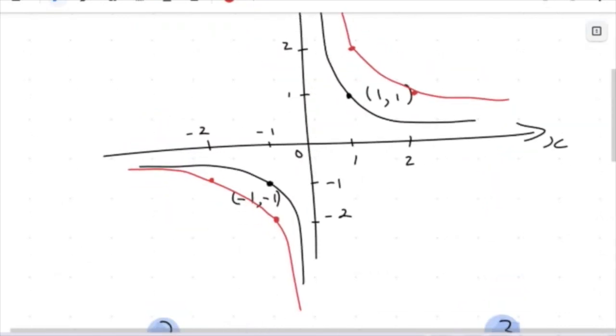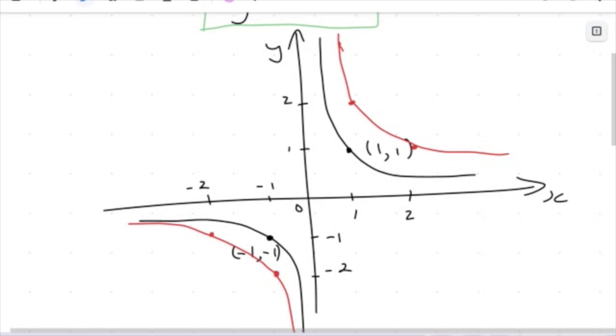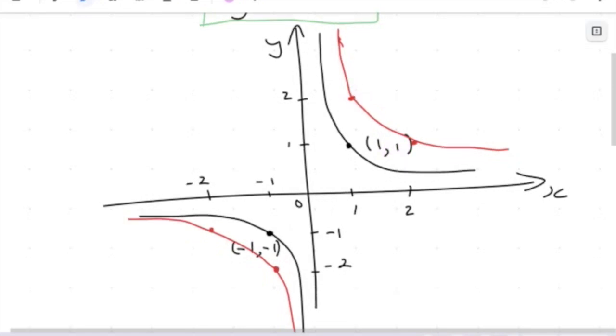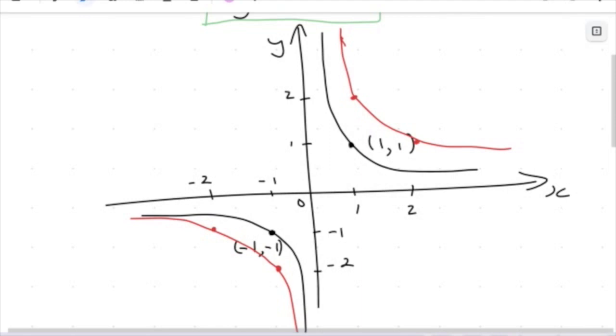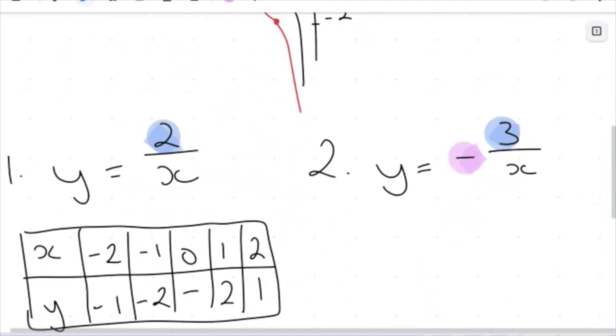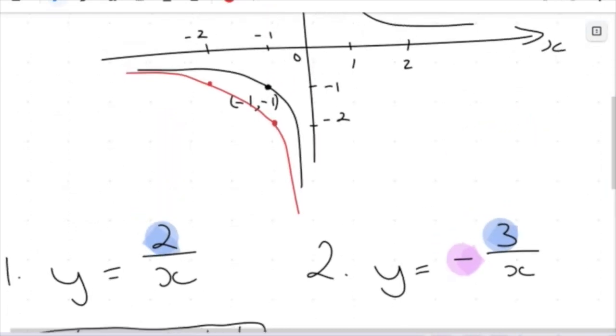So in my previous hyperbola, y equals 1 over x, the -1 in the y ended up being -2. So that's why this point is shifted 1 unit down in the y direction. Same thing here. My 1 here gets shifted up to 2 in the y. So we're effectively scaling and stretching out this hyperbola a little bit. And that's the effect of this number here. We're going to explore that even further when we scale up by an even bigger number of 3. We're going to see how this is going to end up looking.